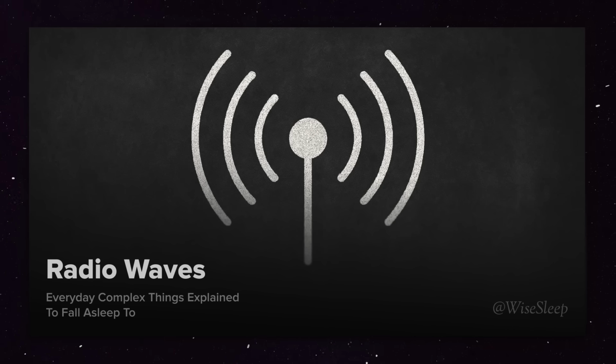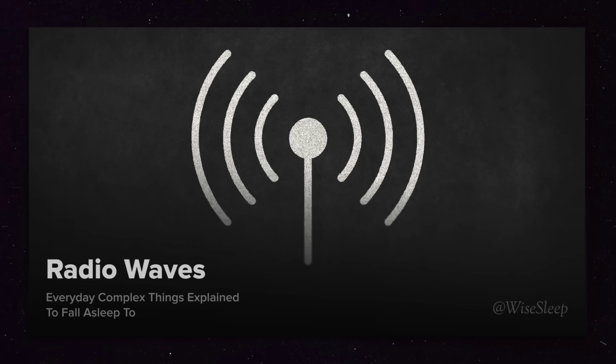A device like a radio tower, cell tower, or Wi-Fi router takes audio, video, or data and turns it into an electrical signal. That signal is used to generate radio waves, which travel outward through space. Another device, like your phone, car stereo, or TV, has an antenna that picks up those waves and converts them back into usable information.